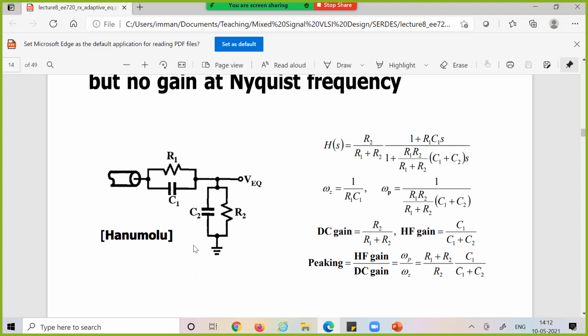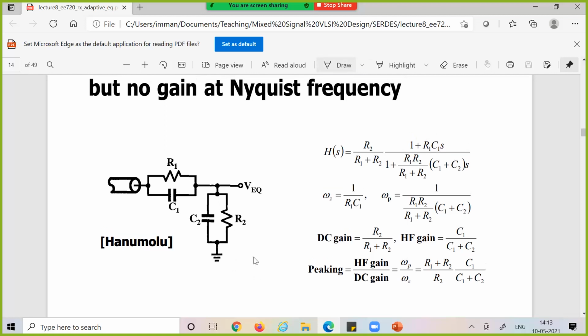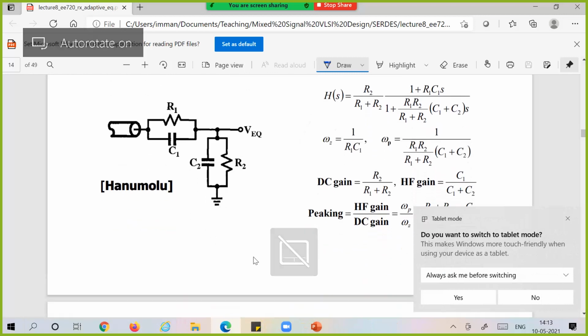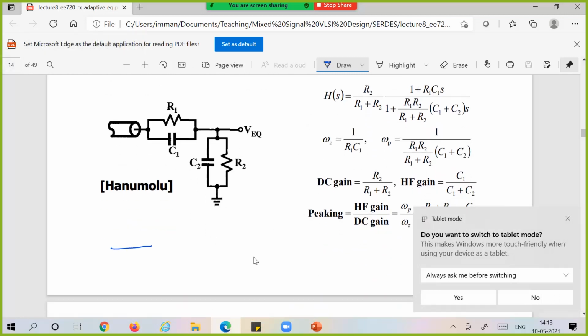You have a DC gain and then you get the 0, and then you go and have the pole, right?